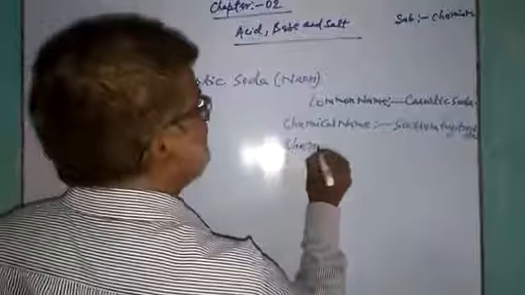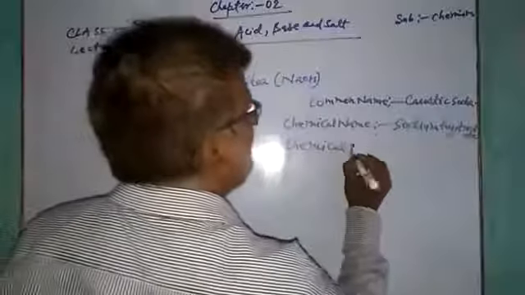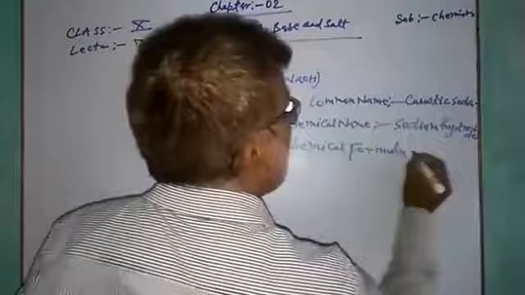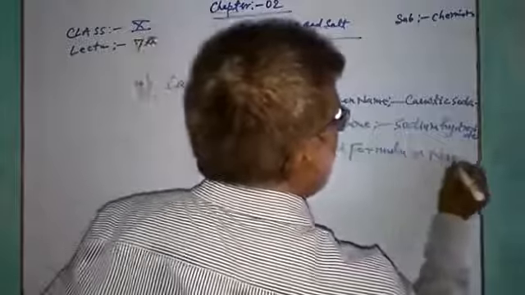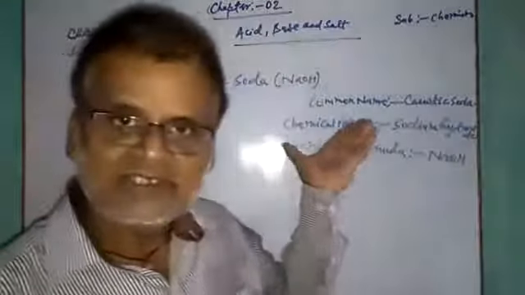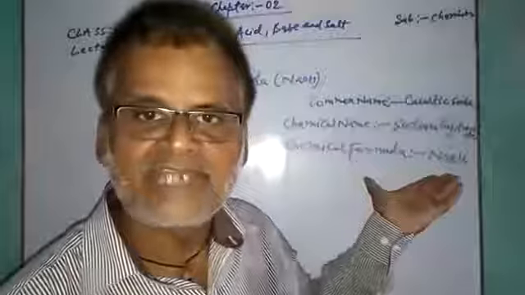Chemical formula: NaOH. The common name of caustic soda is caustic soda. The chemical name of caustic soda is sodium hydroxide, and the chemical formula of caustic soda is NaOH.